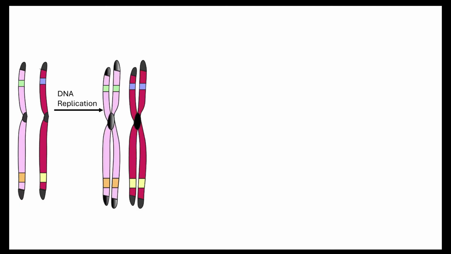We have our chromosomes. Our chromosomes have got gene A and gene B, and we know that they will go through, during S phase, DNA replication. So we have duplicated through the semi-conservative replication. We have duplicated to now have these two chromosomes, which are made up of sister chromatids.